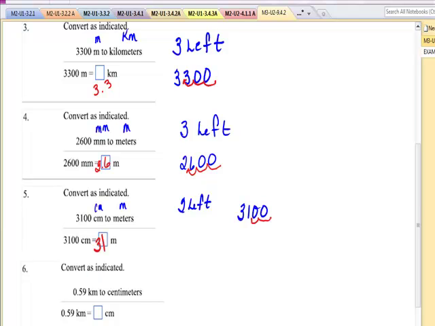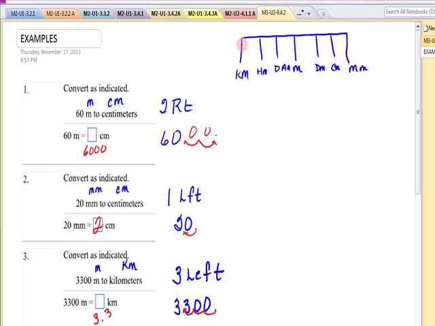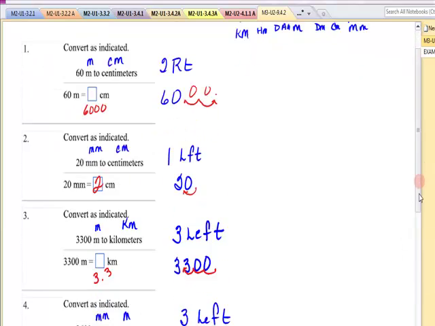Last one, changing kilometers to centimeters. Back to the chart. Kilometers to centimeters, that's going to be 1, 2, 3, 4, 5 to the right.